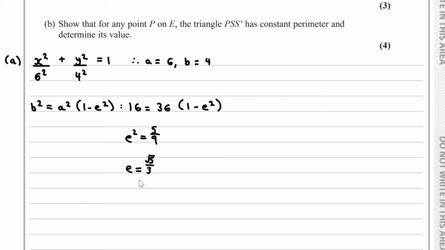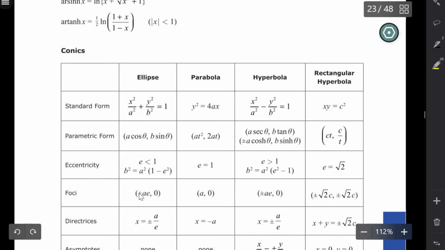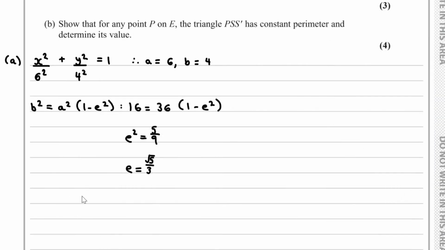And if we use the fact that the foci are at plus minus ae, 0, we can therefore conclude that the foci would have coordinates, well, we have S dash, which is negative ae, so we've got negative 6 times by root 5 over 3, which is negative 2 root 5, and then we've got 0.